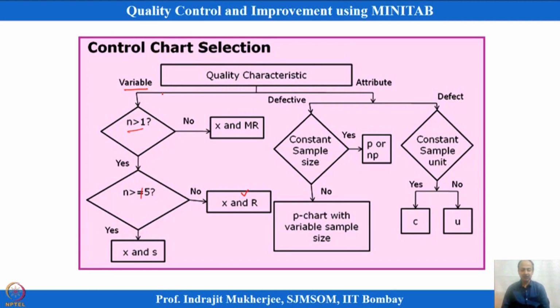We go for X bar R or X bar S depending on the sample size. If the sample size is equal to 1 at a given time point, n equals 1, we go to an individual moving range chart.